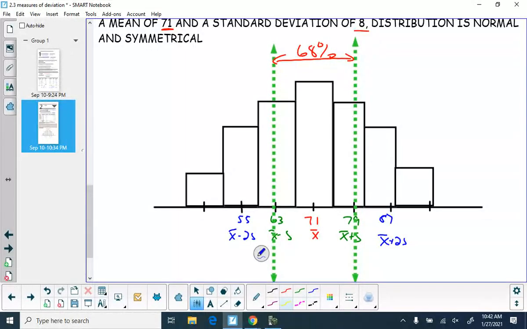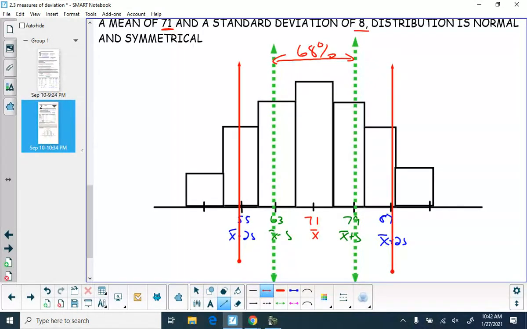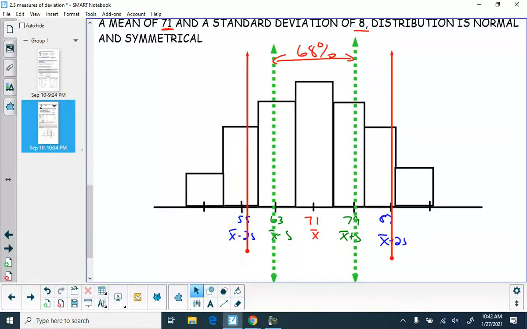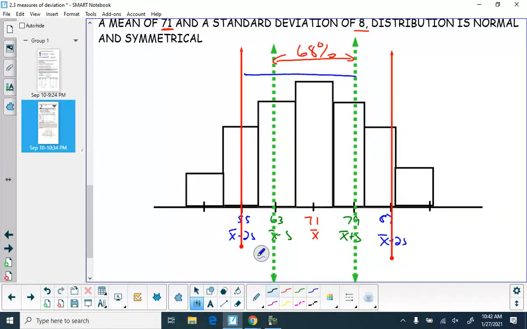What the empirical rule states is that 95% of the data will lie between 55 and 87.